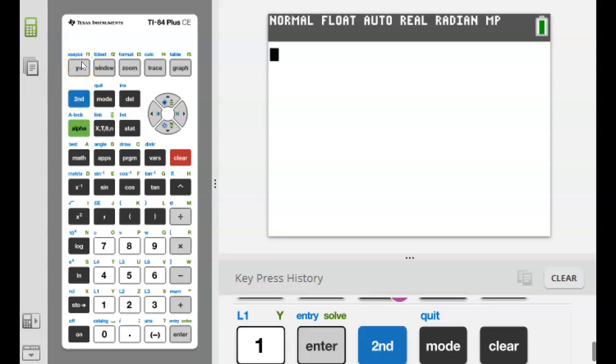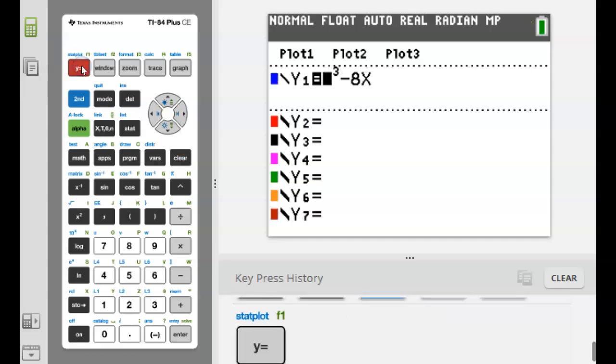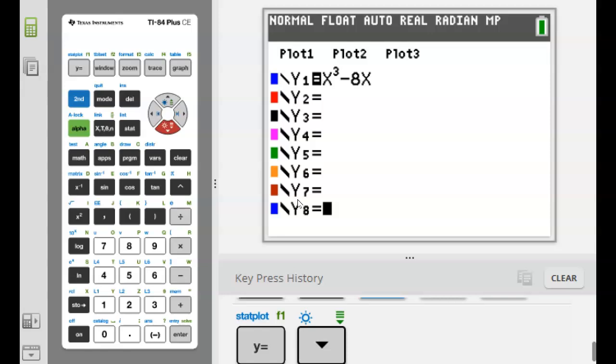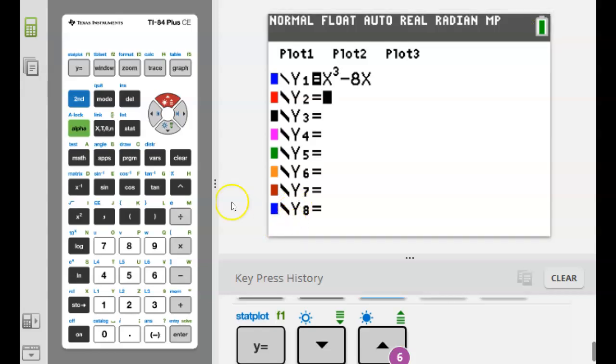When I want to go ahead and enter something, I'm going to go in here. Let's say I want to see what it looks like for an X squared minus 3. The very first thing I need to do is find that X. That is next to the alpha, which is right below our second button.